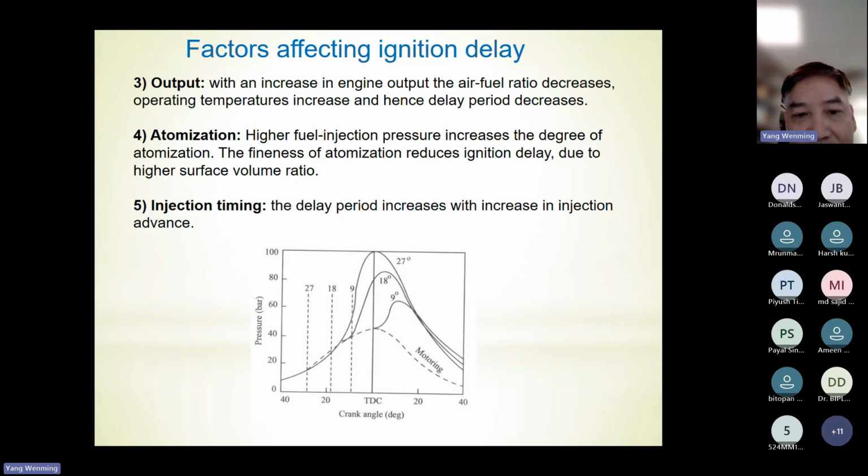Why at 27 degrees CA is the ignition delay time longer than that at 9 degrees CA? The ignition delay time at this position is longer than at this position. Anyone knows?